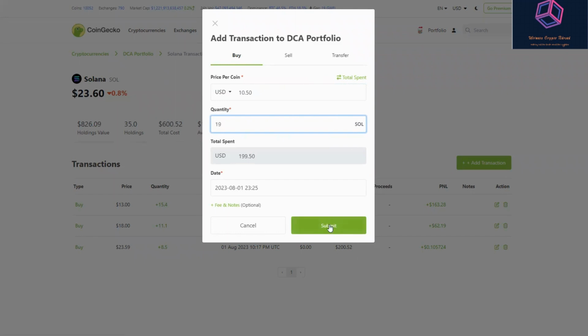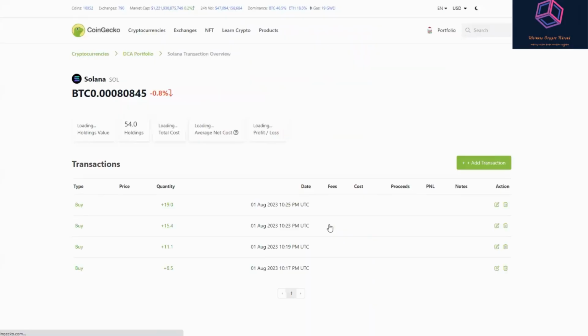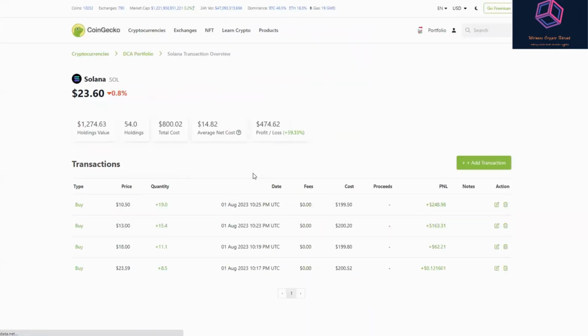So now if we submit that, there you go, guys. Your average price has now come back down from $17 to $14.82. You have got 54 Solanas. You have spent $800 for now.